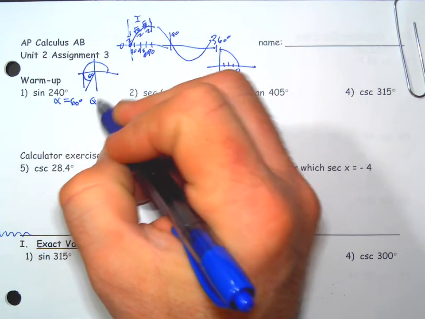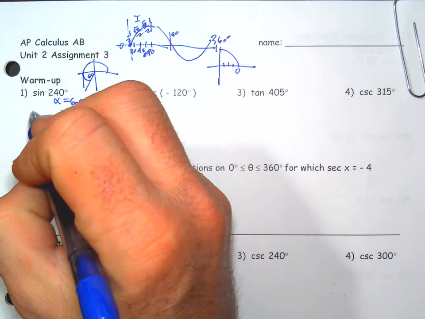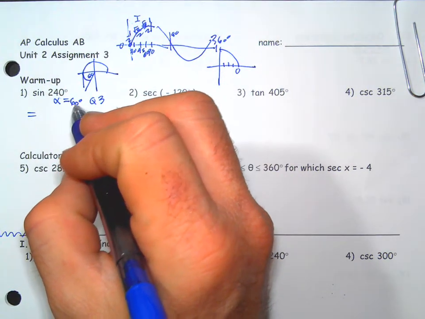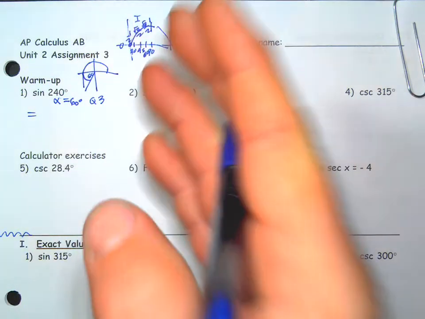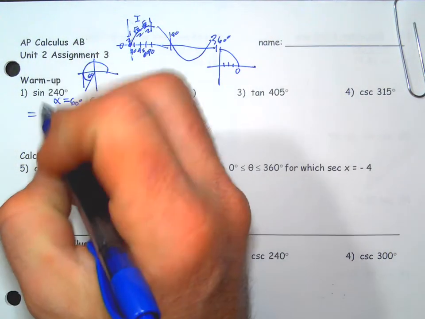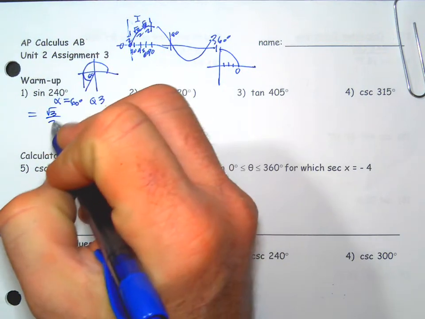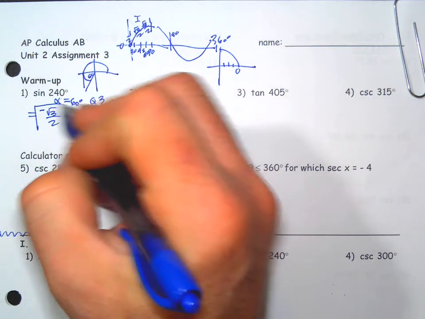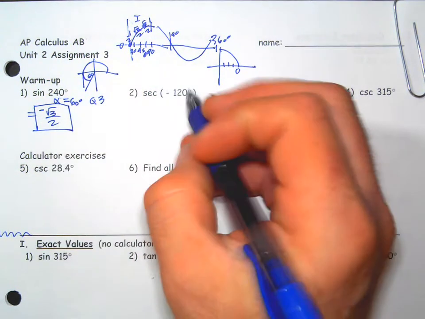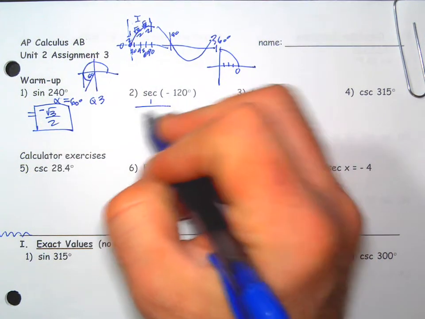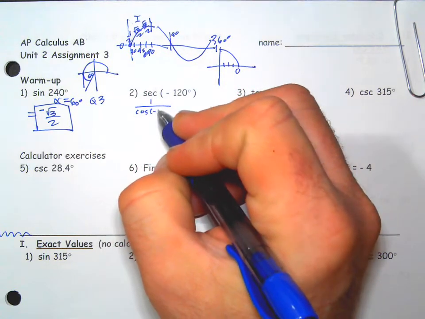We're in quadrant 3. Now I say, well, what's sine of 60? It's 0, 30, 45, 60: 0, 1/2, root 2 over 2, root 3 over 2. And then I say, well, quadrant 3 is positive or negative? Negative. Done.